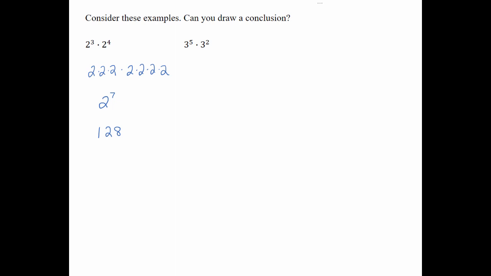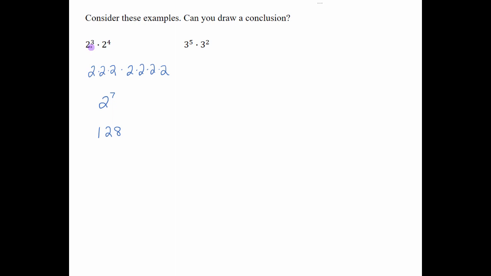For the next example, I have 3 to the 5th times 3 squared. Now, I don't want to do this the same way that I did this. I don't want to have to write 3 out 5 times and then 3 again twice. Can you figure out a quicker way to do this? In other words, is there a way to go from this part to this part quickly?